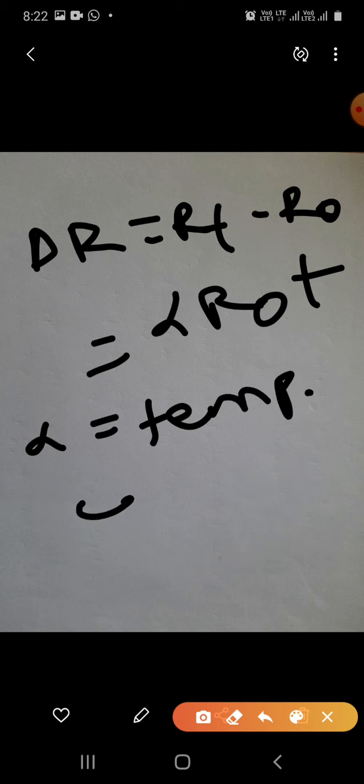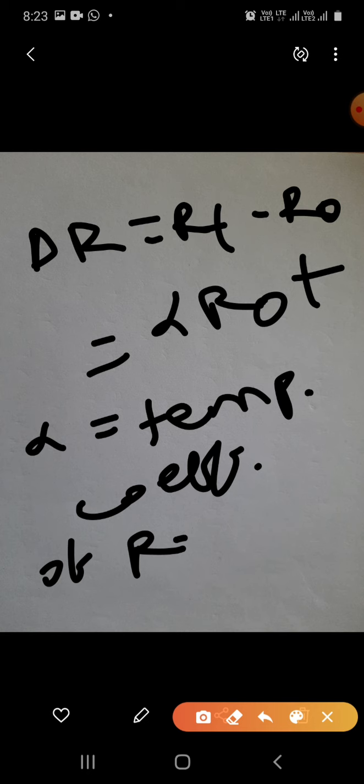Temperature coefficient of resistance. Suppose we want to derive alpha from the above equation.